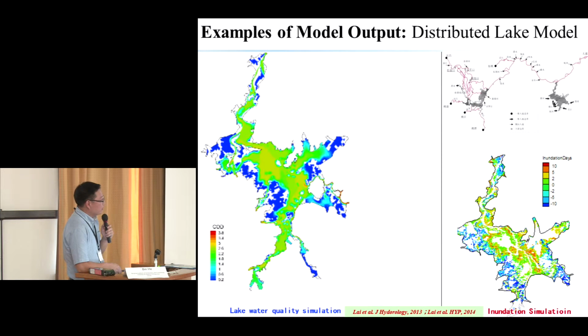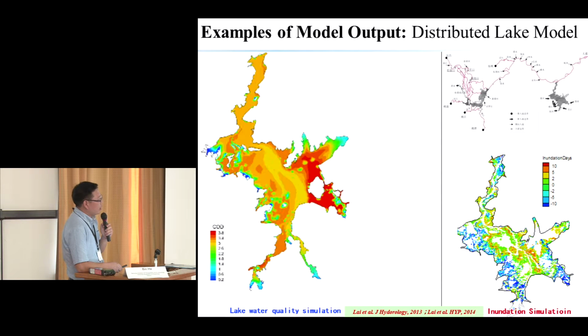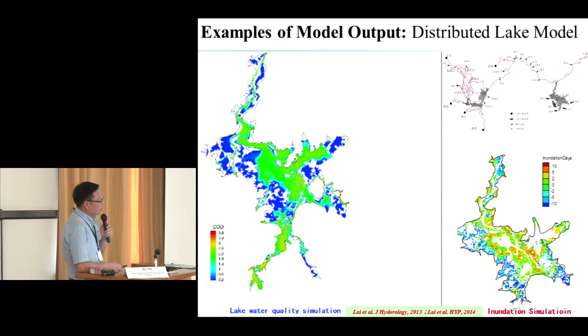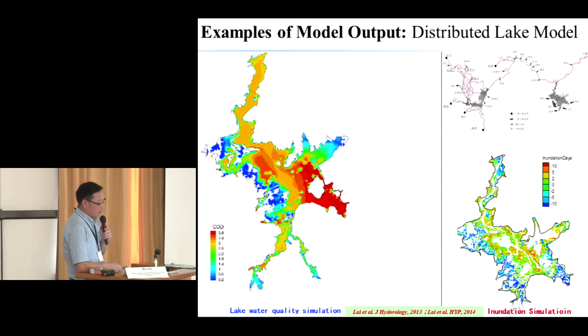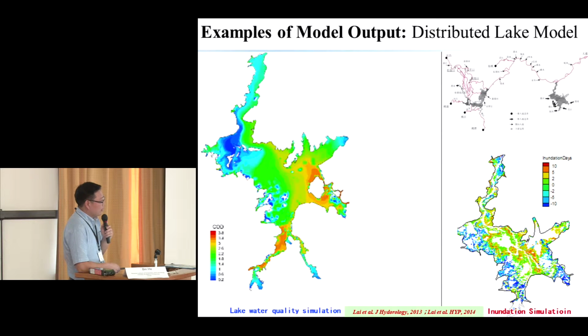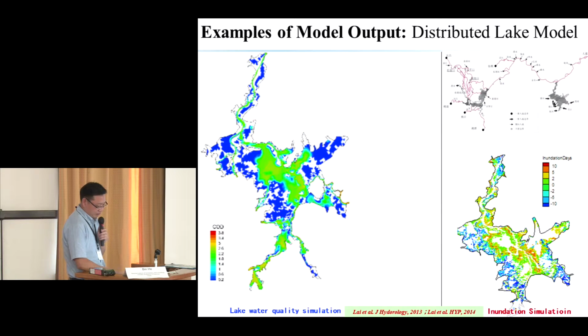And also for the inundation, because here is the Yangtze River, we now have another project on the river mouth. So we want to see, after the project has been launched, how the lake water level is affected by the Yangtze River. So we also simulated the inundation in Poyang Lake.